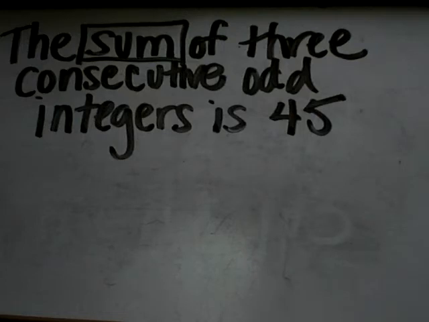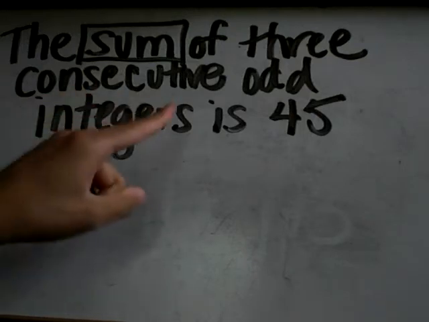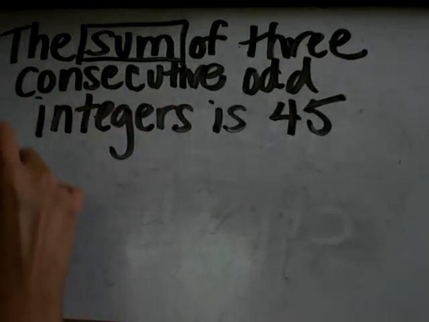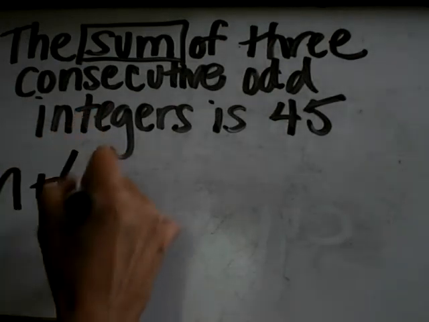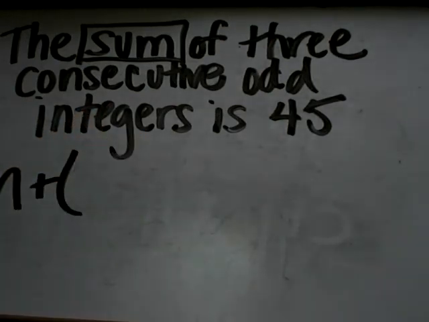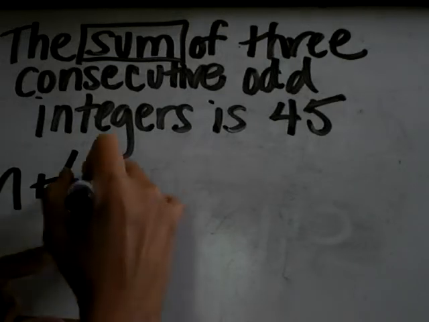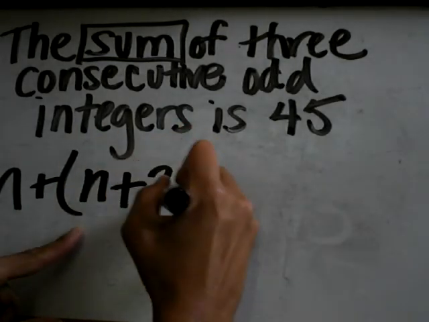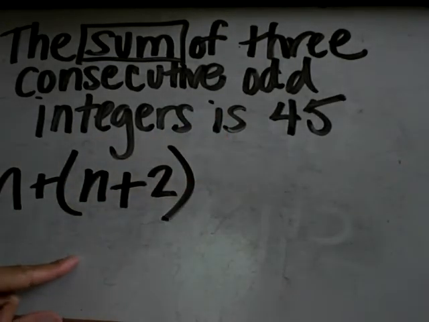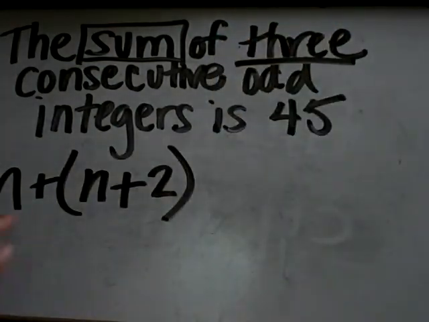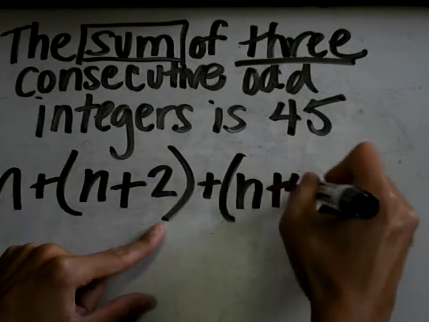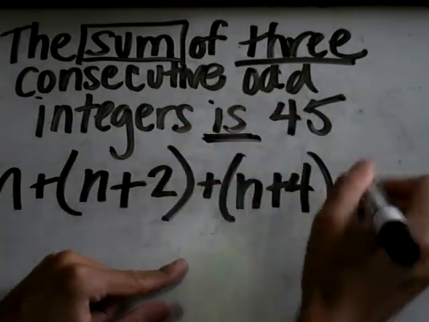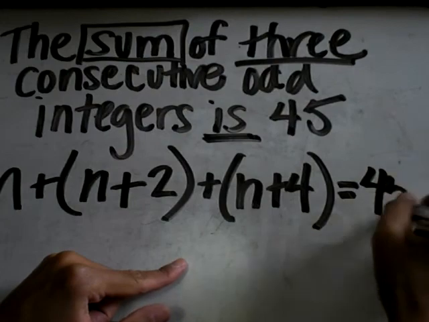So let's come up with an equation. Our first odd integer would be n, plus, because remember it's the sum, the next consecutive odd integer, which would be n plus 2. So 3 consecutive integers: n plus n plus 2 plus n plus 4 equals 45.